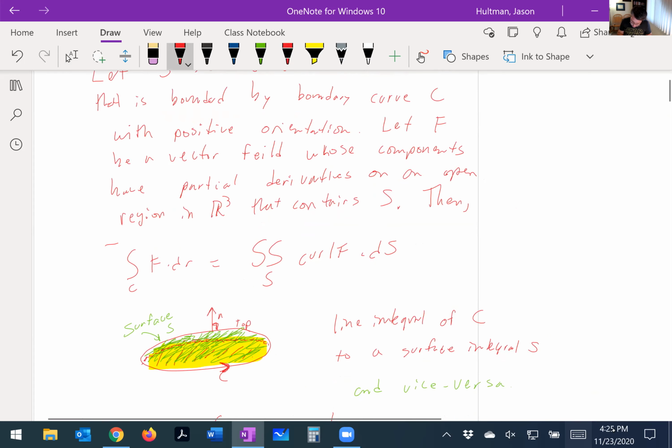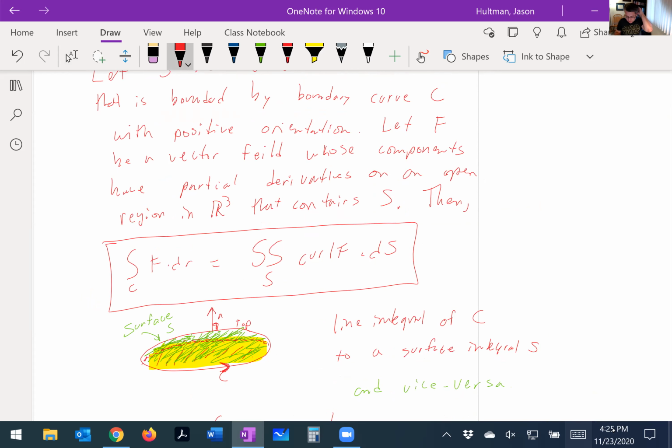Okay, and that goes back here. And so instead of dealing with the function, we're dealing with the curl of the function. Those values.